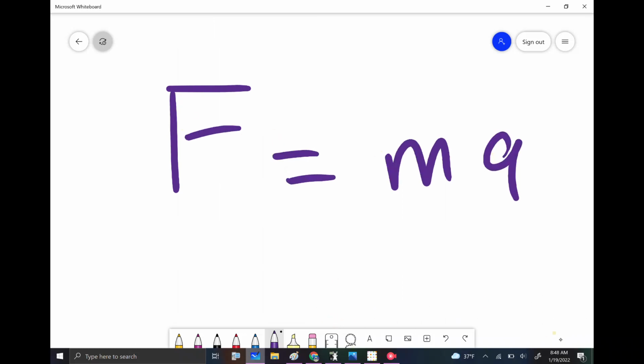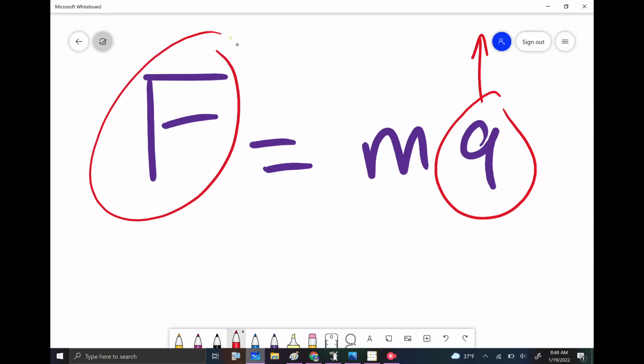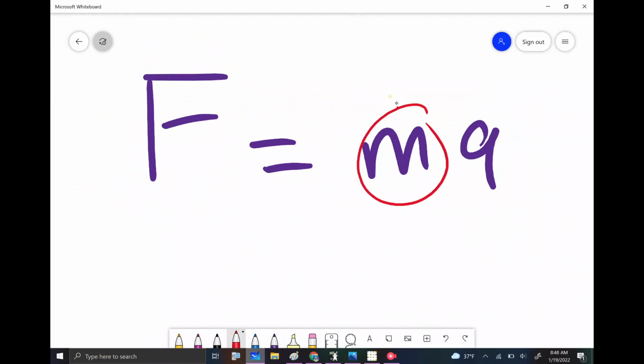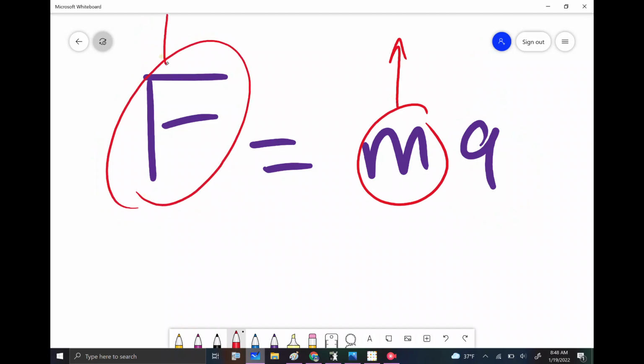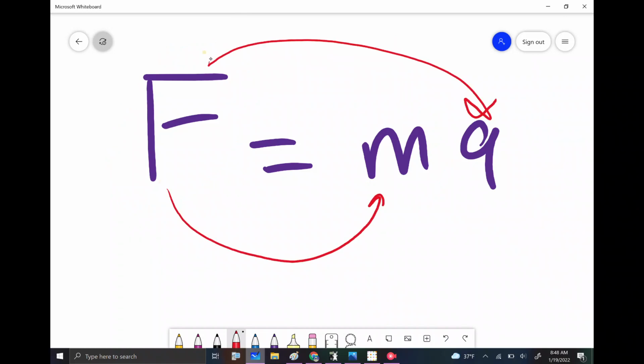F equals ma. So we could see that if the acceleration increases, well, then the force is also going to increase. Similarly, if the mass were to increase, the force would also increase. So technically, the force is proportional with both of these, right?